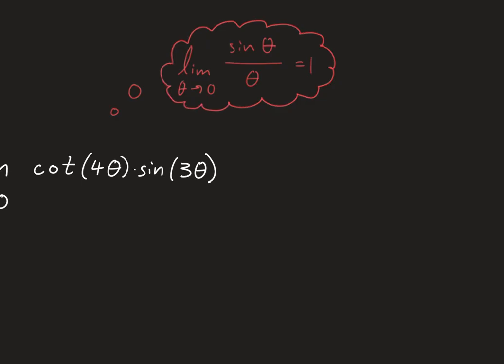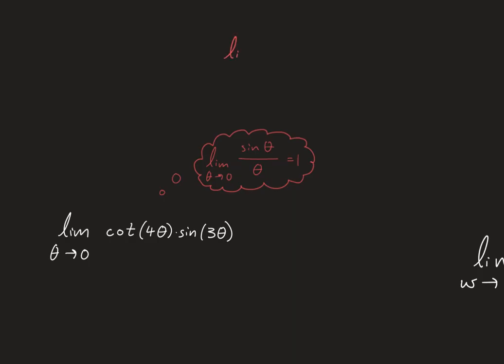But even bigger than that, I think what I can also say is, here, let me say this. The limit as x approaches a of sine of g of x divided by g of x is equal to 1 as well, as long as the limit as x approaches a of g of x is equal to 0.